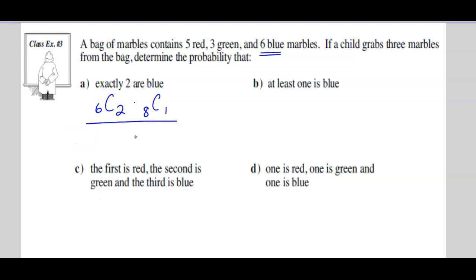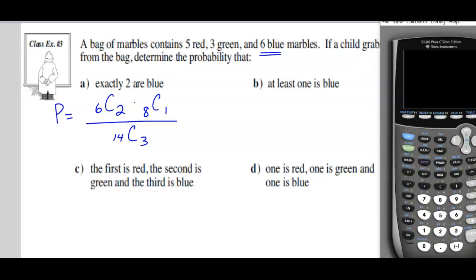And then in total there's 14 marbles. So the probability is out of 14 choose 3. Okay. Let's actually calculate this one.